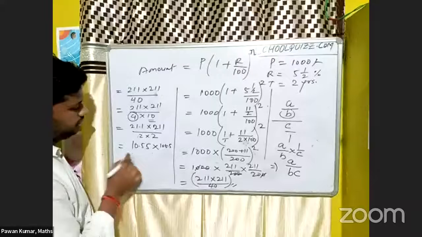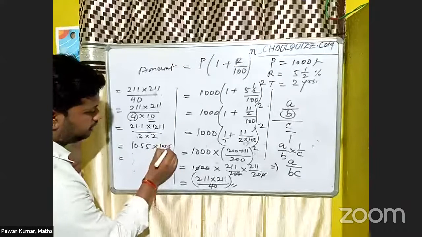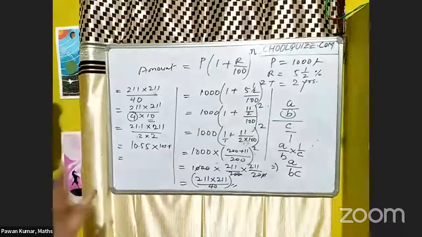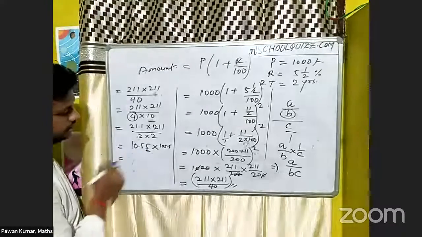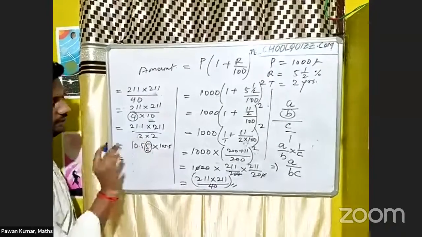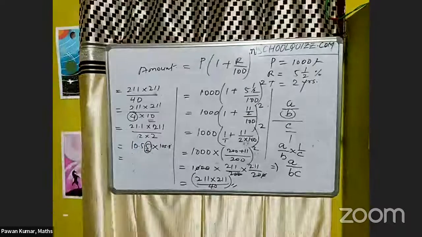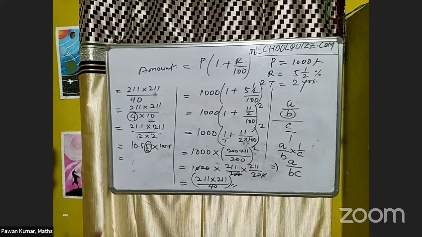Now suppose you are getting a number like that, let it be. If I separate this 0.5 here, that will never make any change to the answer. There might be 1 or 2 rupees here and there.